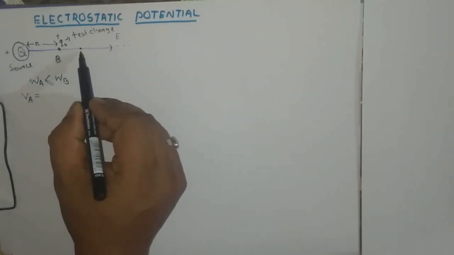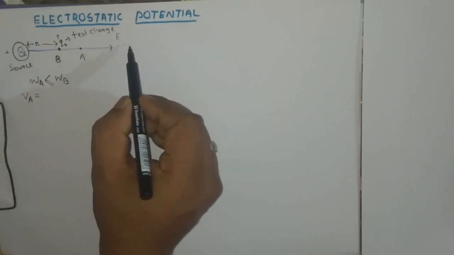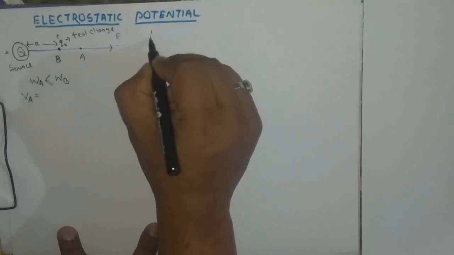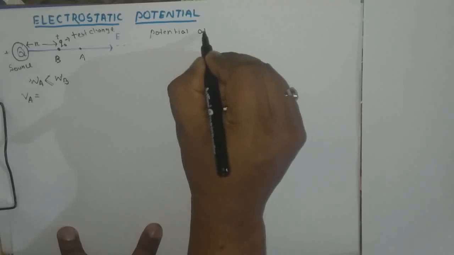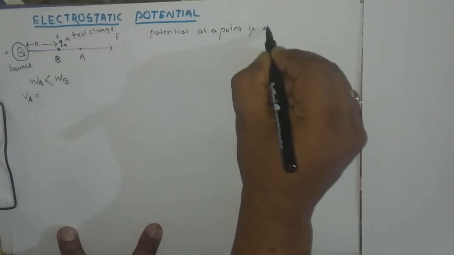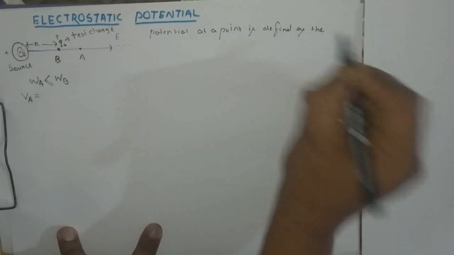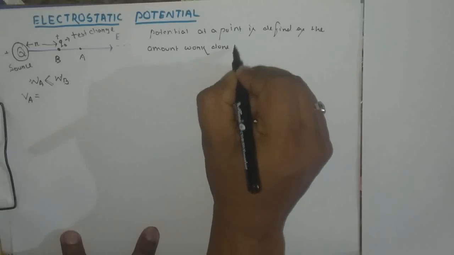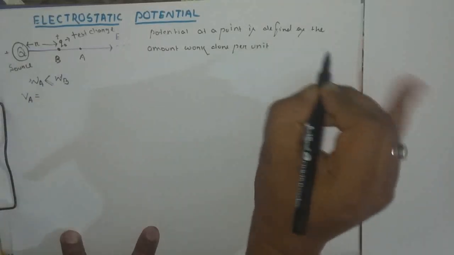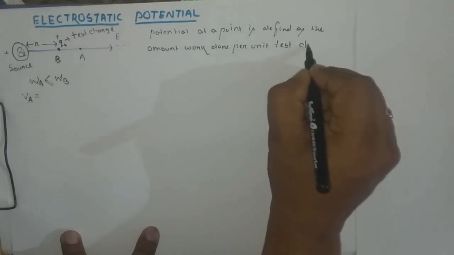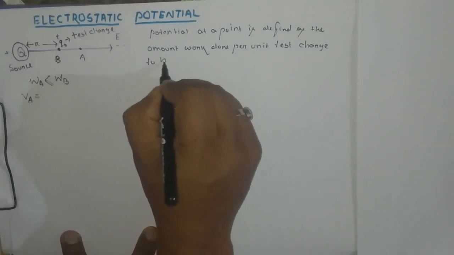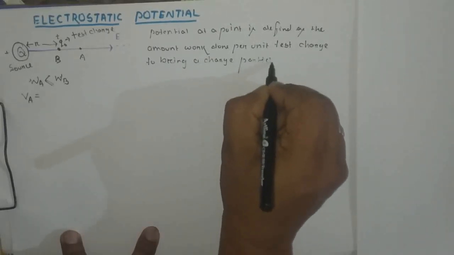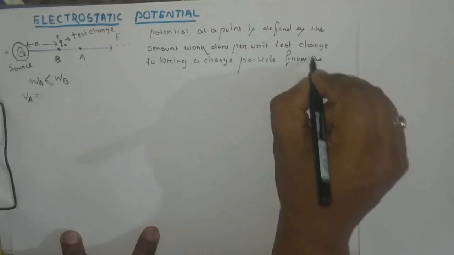Potential at a point is defined as the amount of work done per unit test charge, in this case positive test charge, to bring a charged particle from infinity to that point.